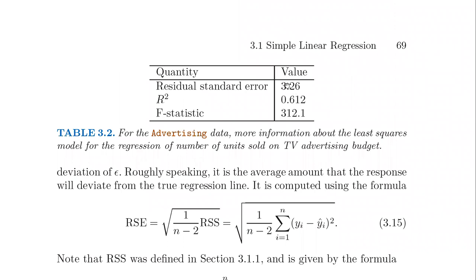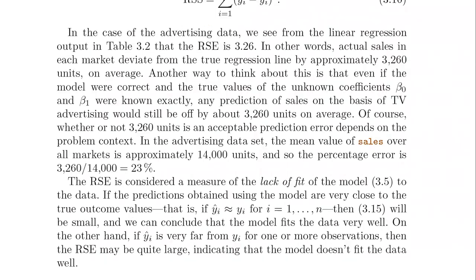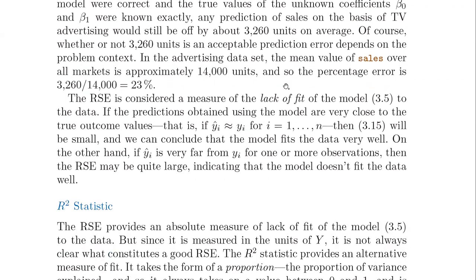I guess the takeaway is the smaller this is, the better. But the actual interpretation of a specific RSE, I don't feel I've quite understood myself. I get this: the RSE is considered a measure of the lack of fit.